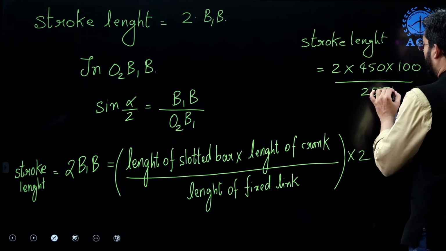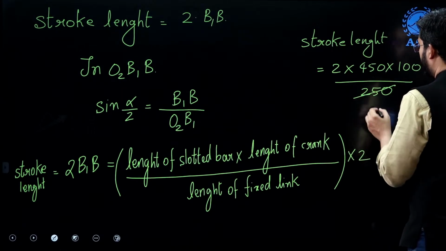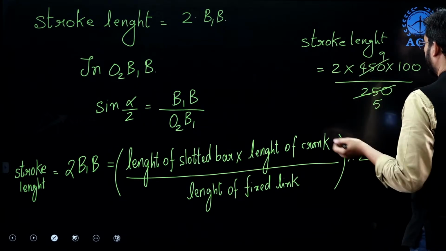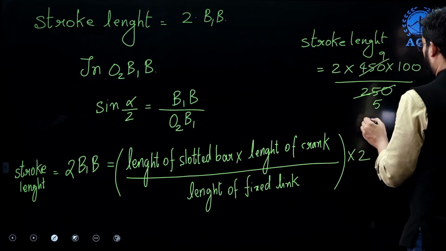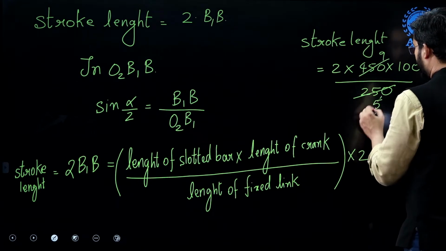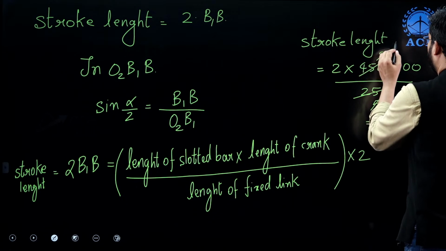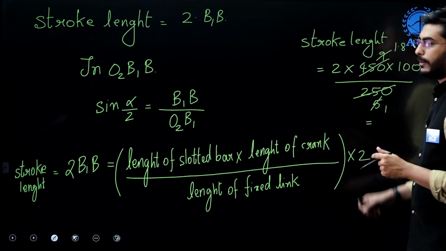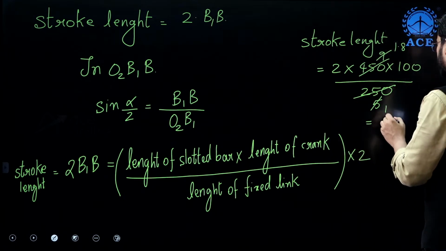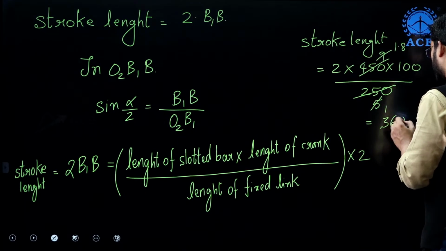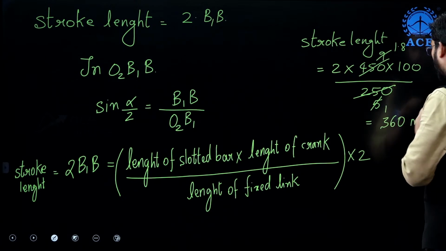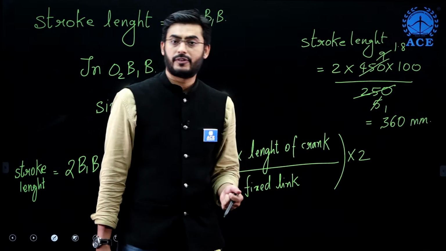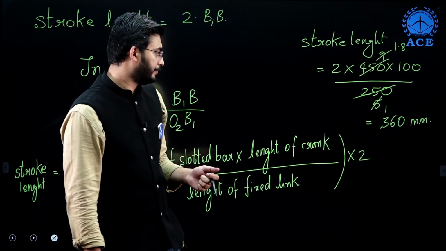So this will be 450 by 250, that is 45 by 25, which is 9 by 5, that is 1.8. So 2 into 1.8 is 3.6 into 100, that is equal to 360 mm will be the length of stroke, okay, in case of crank slotted lever mechanism.